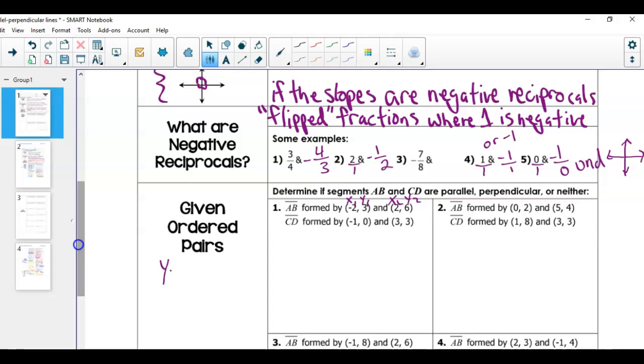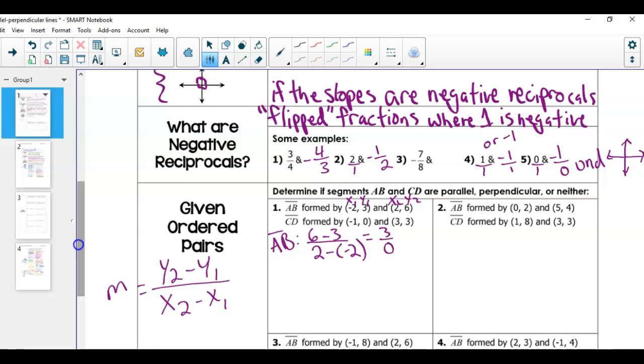Remember, slope is y2 minus y1 over x2 minus x1. Right, so I'm going to find the slope of AB first. So that's going to be 6 minus 3 over 2 minus a negative 2. I'm sorry, that shouldn't be 0. It's 2 minus a negative 2, so that's 4.